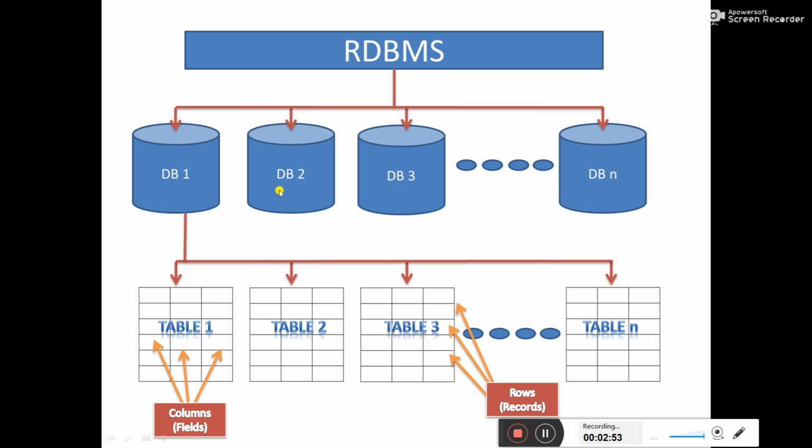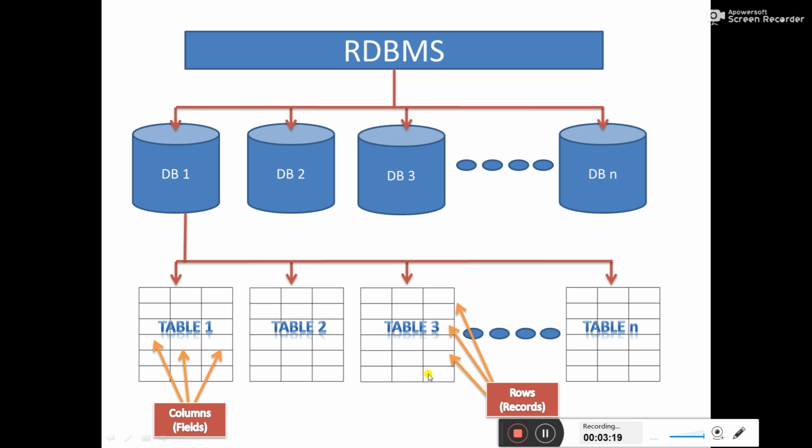Now what are tables? Tables are the collection of rows and columns, right? Where columns mean fields and rows mean records. These vertical sections are called columns in a table, and these horizontal sections are called rows or records. Got it? So this is the schema of RDBMS.